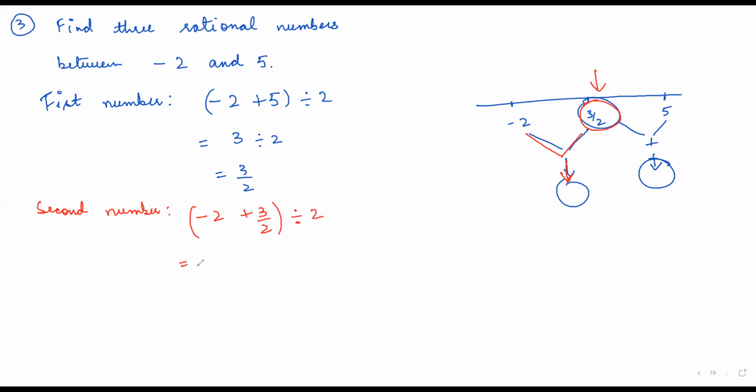Okay, so just solve it now. -2 can be written as -2 by 1, plus 3 by 2, divided by 2. Now you take LCM. So 1 and 2 LCM will be 2. So 1 into 2 is 2, and 2 into -2, plus 1 into 3, and then into 1 by 2.